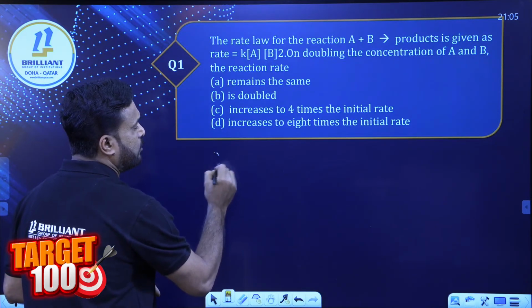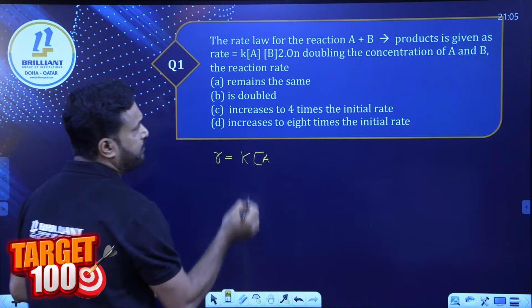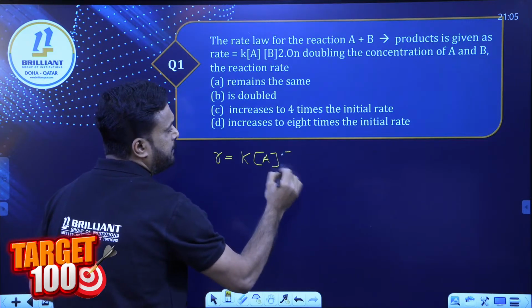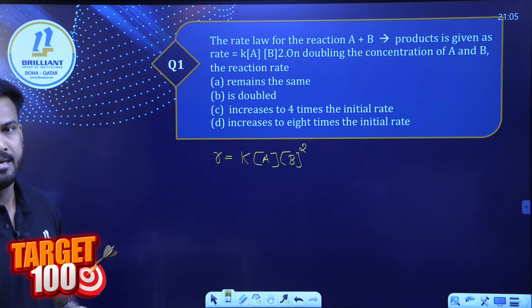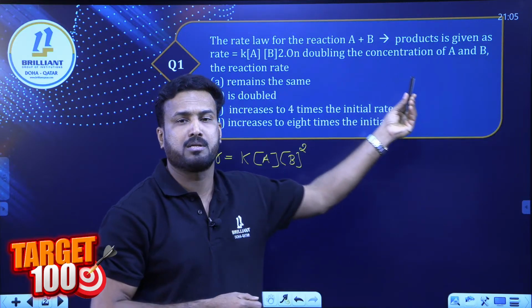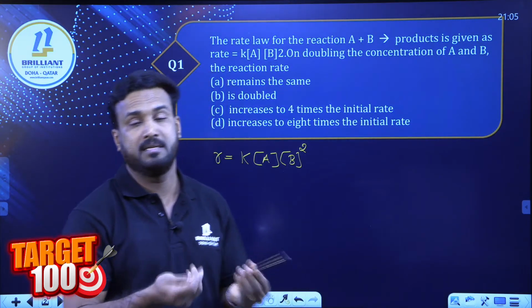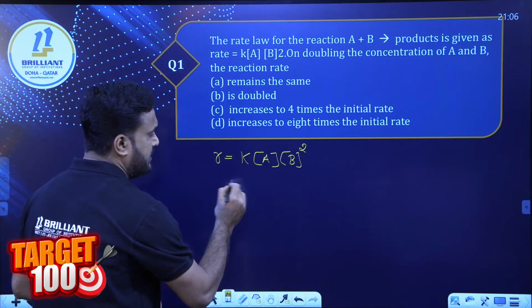So we can write the rate law, small r equals K into concentration of A. Here the power of A is 1 anyway, then B is 2. See, this is the given rate law equation. So in this rate law equation, they are asking what happens if the concentration of A as well as B is doubled.